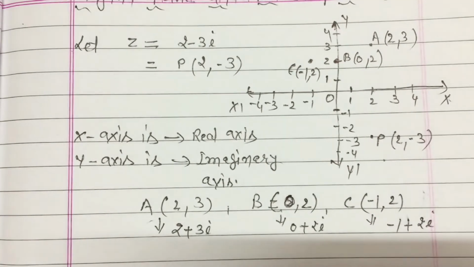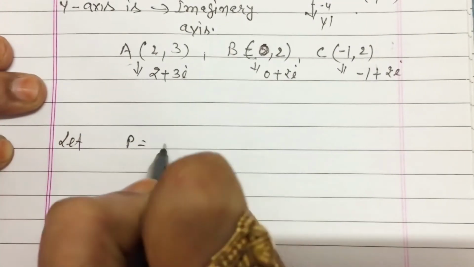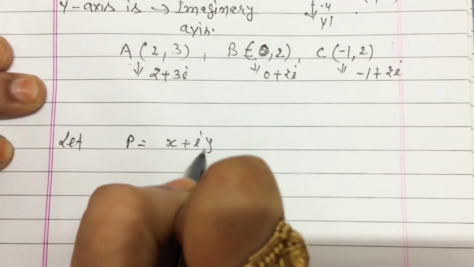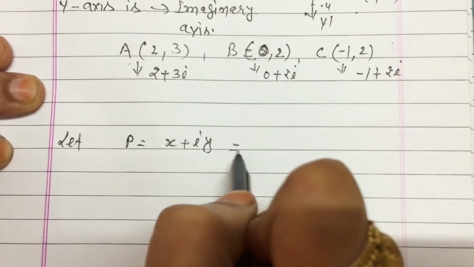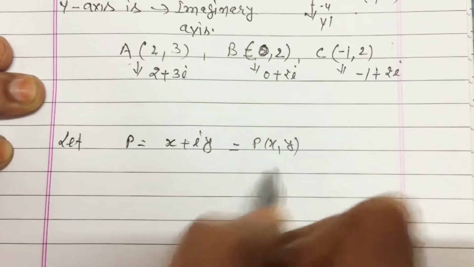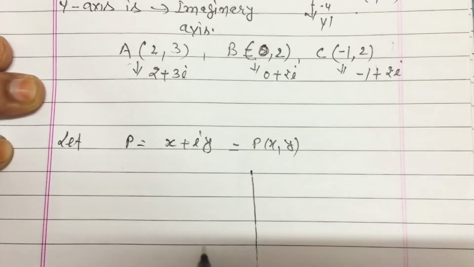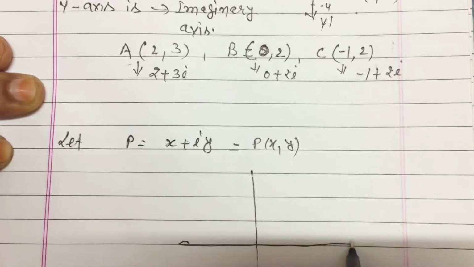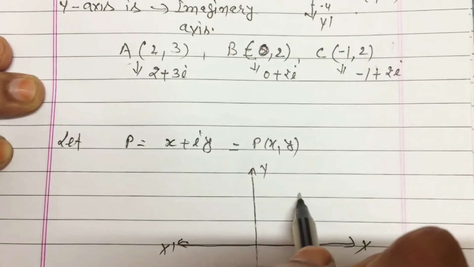Now let's move ahead. Let P is equal to x plus iy. It is a complex number. Okay, so it is P (x, y), and on the Argand plane, the representation of this point is here.